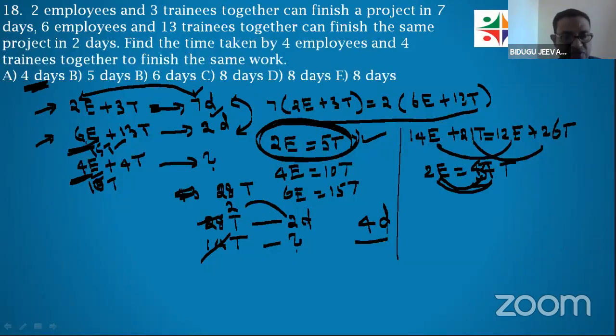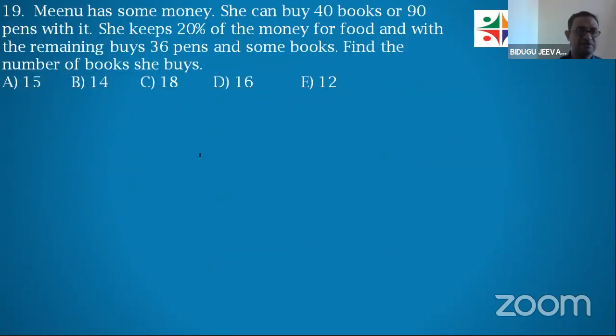Question number 19. Minu has some money. She can buy 40 books or 90 pens with it. That means with this money, you can buy either 40 books or 90 pens. Following?